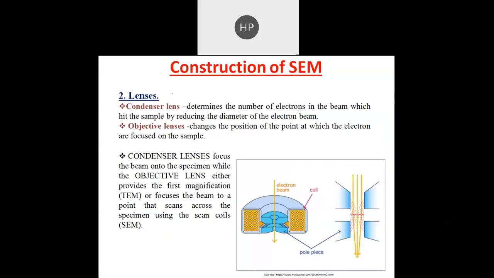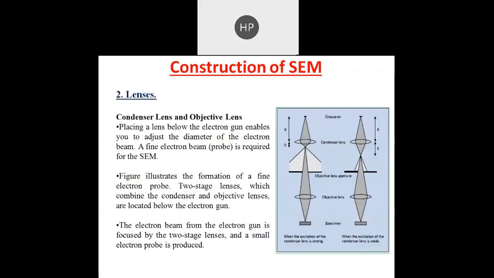Then in lenses we have two types of lens, the condenser lens and the objective lens. What the condenser lens will do is reduce the diameter of the electron beam. This electron path will be reduced, and the objective lens will create the image, or it will pass a certain amount of electrons according to this area.